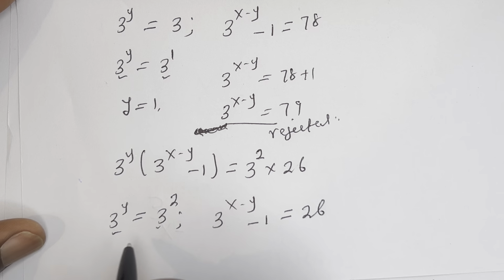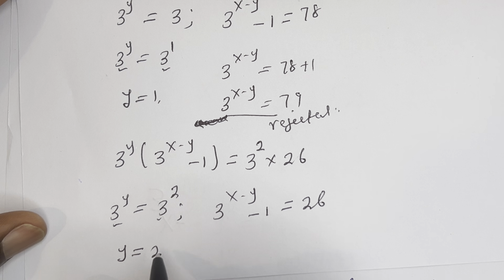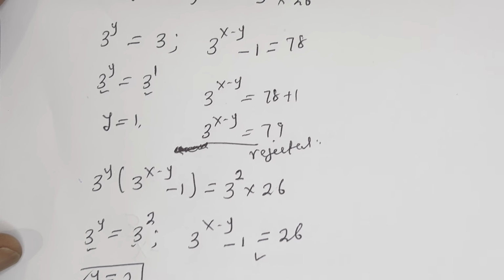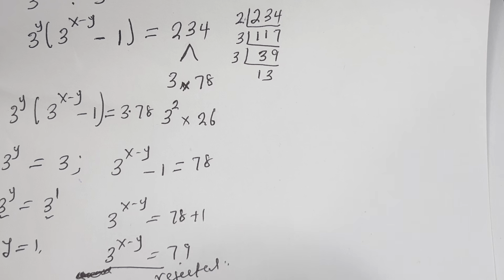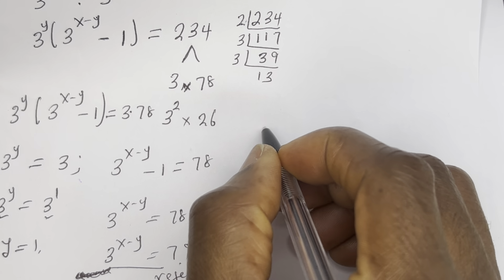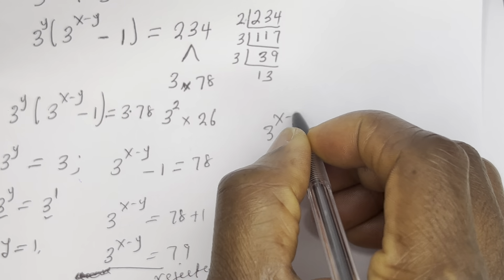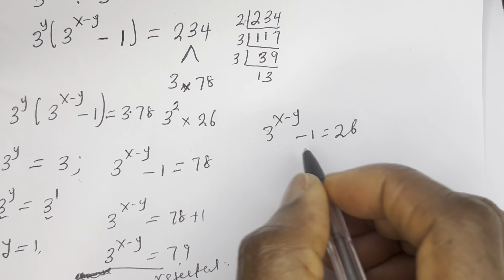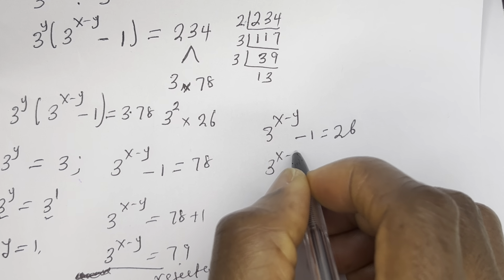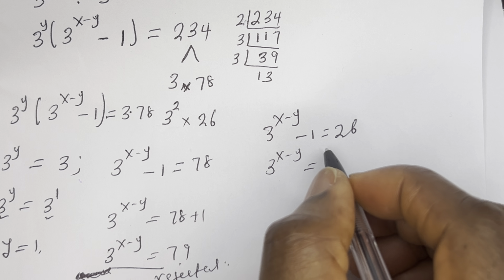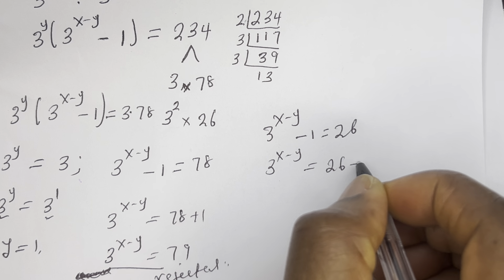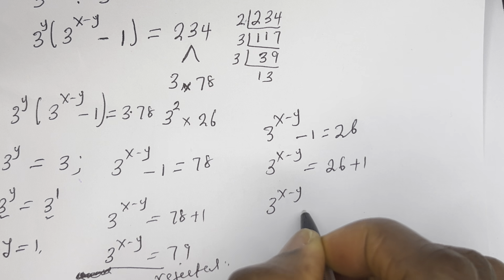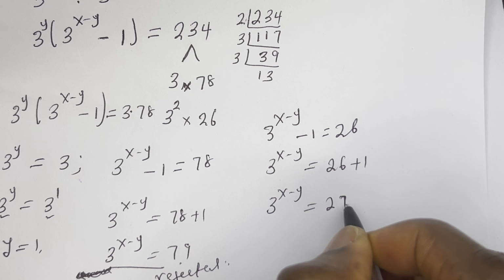Now this has the same base. Y is equal to 2. Then let's consider this. 3 to the power of x minus y minus 1 is equal to 26. 3 to the power of x minus y is equal to 26 plus 1. 3 to the power of x minus y is equal to 27.